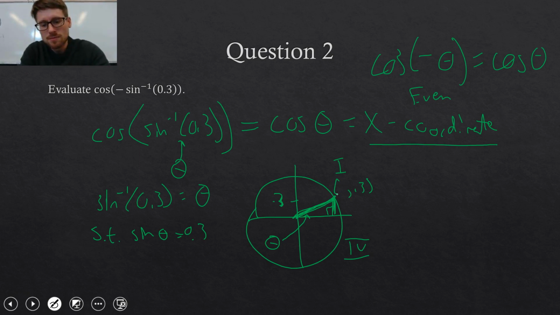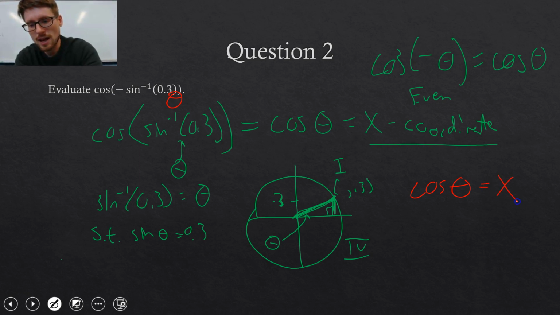We are interested in finding this something. So I'm going to highlight the side we're interested in. We want cosine of theta because we replace this whole thing inside with theta, and sine inverse of 0.3 is that same theta right there. So cosine theta equals x.